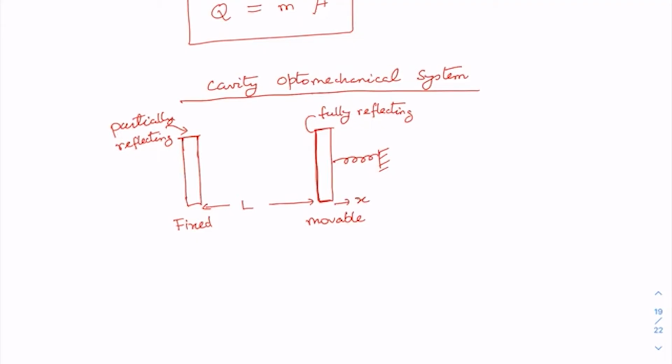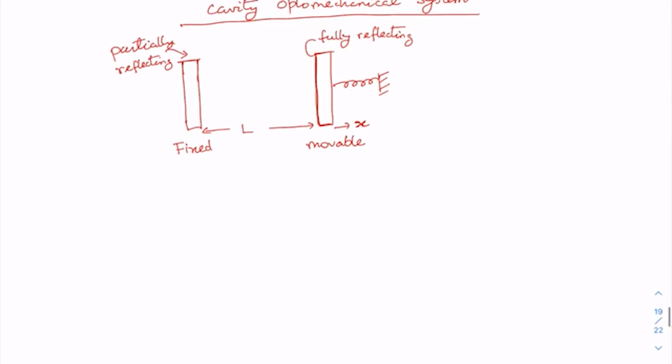As you will see later, this displacement X of the movable mirror turns out to be a very important variable. Now let us guess the Hamiltonian.